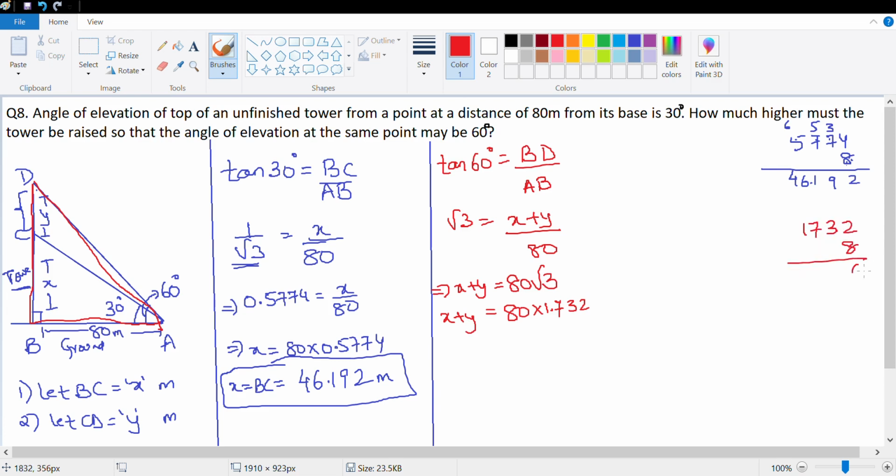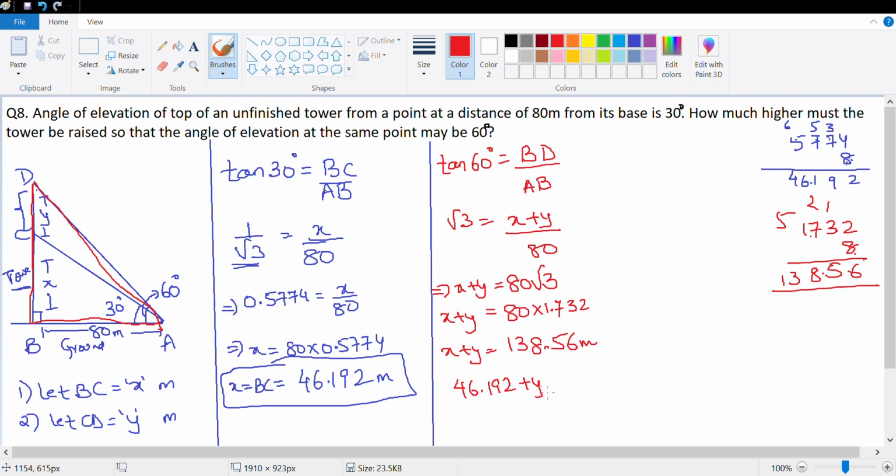That's 8 into 2, 16, 24 and 1, 25, 56 and 2, 58, 8 ones are 8 plus 5, 13. 3 decimals, one more goes, so that's 138.56. So X plus Y is equal to 138.56 meter.